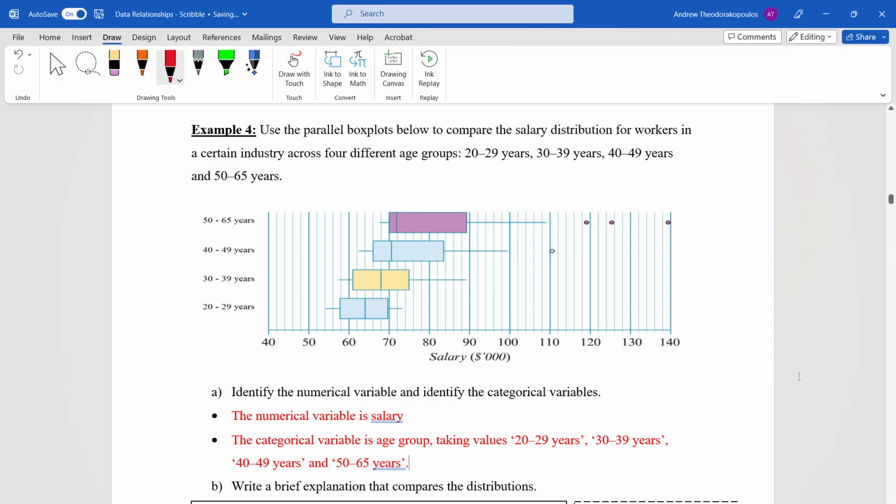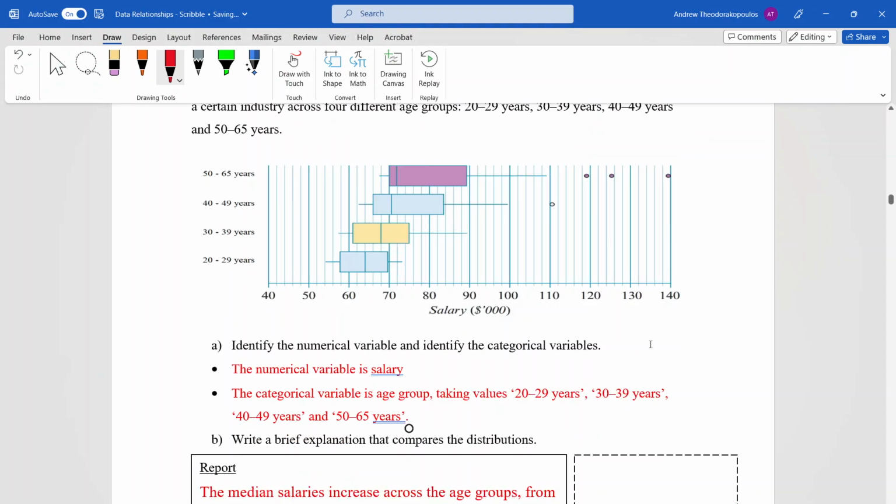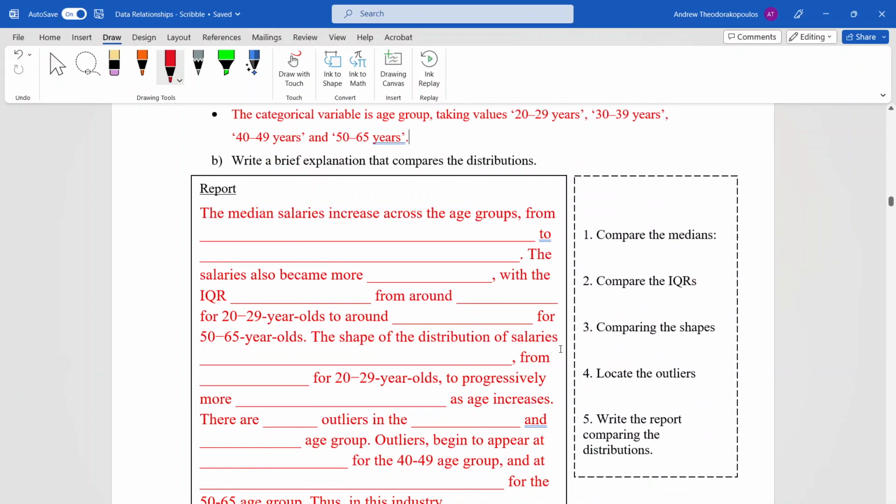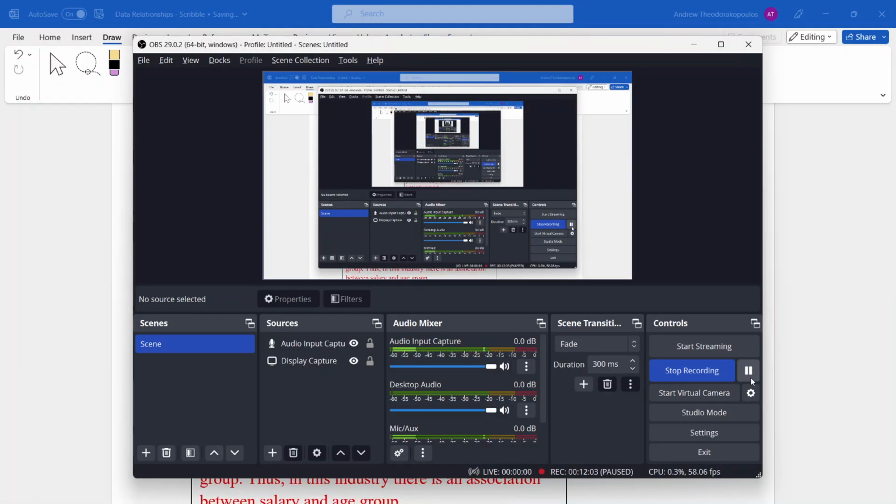So the numerical variable is salary, and the categorical variable is age group, which takes the values 20 to 29, 30 to 39, 40 to 49, and 50 to 65. What we can do now is give a brief explanation that compares the distributions.